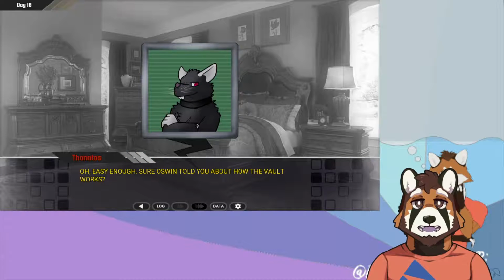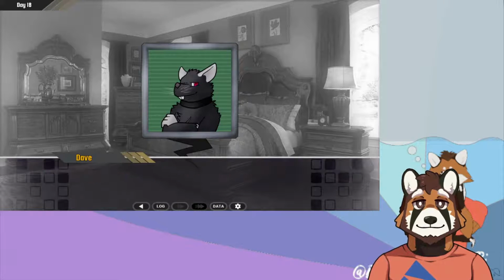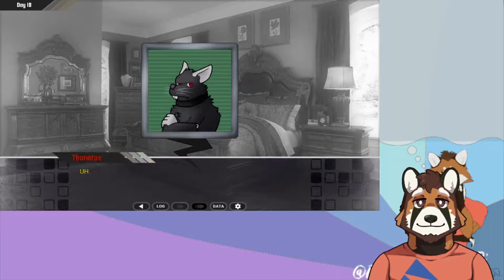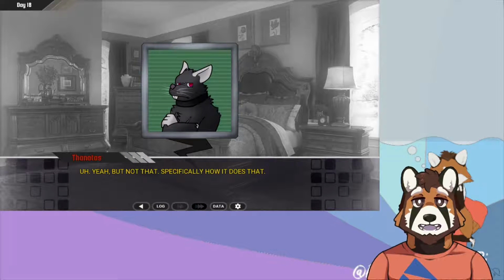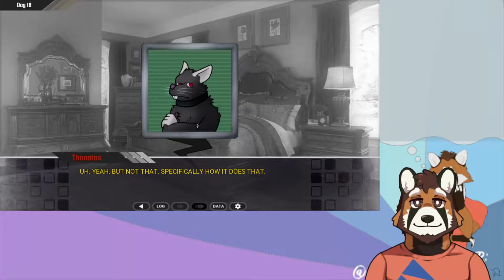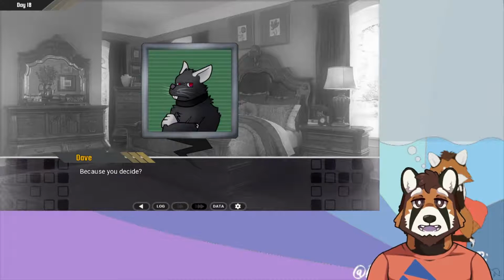Oh, easy enough. Sure, Osman told you how the vault works, right? Trauma. But in word and vision helps it line up. Yeah, but not that. Specifically how it does that. You dingus. Because you decide?